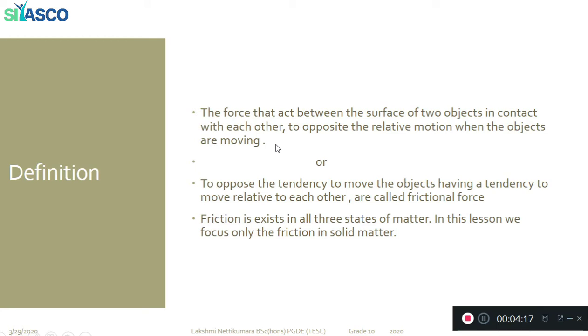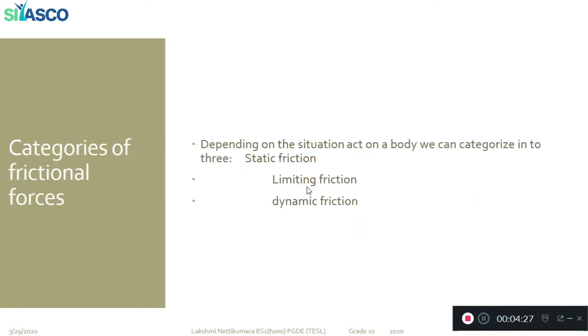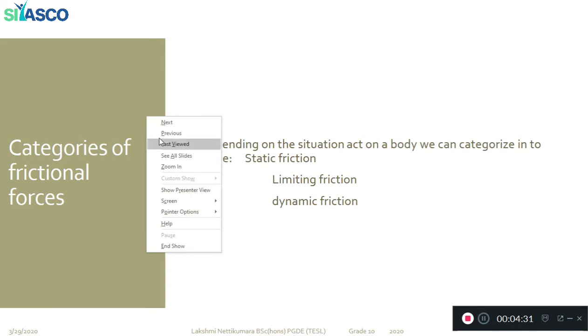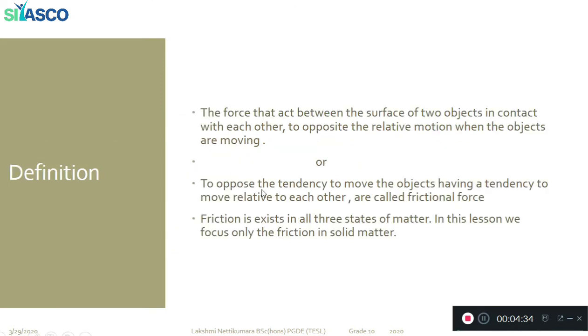Or else you can say it is a force to oppose the tendency of the objects to move relative to each other. And remember, friction exists in all 3 states of matter. But for your syllabus, we have to focus only on friction in solid matter.